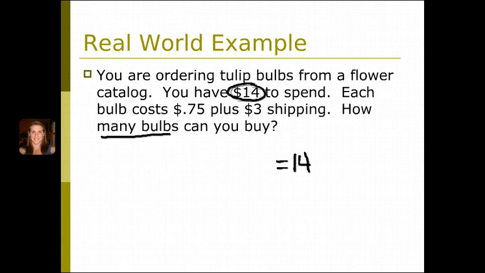Each, if you remember back to our previous chapter, stands for multiplication. So we are saying 75 cents times the number of bulbs plus $3 shipping is going to equal our maximum of $14. Therefore, we've got to subtract $3 shipping from both sides.